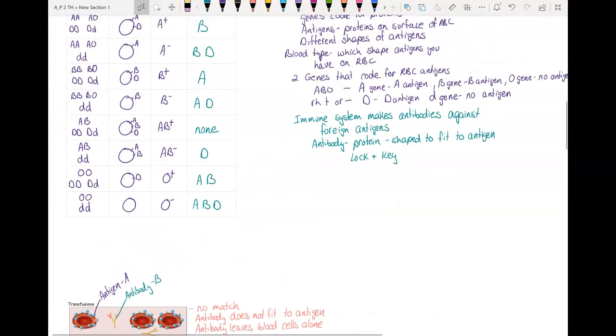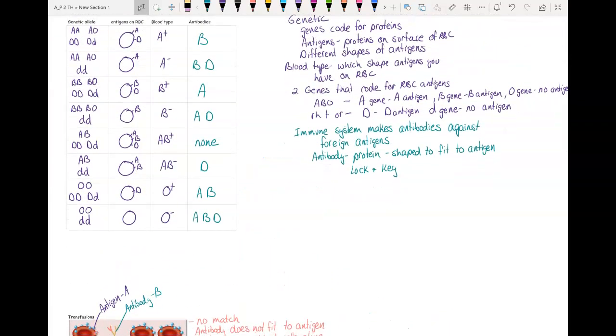So let's look at which things can be transfused. Let's say you have type A positive blood, and you need a transfusion. We want to know what kind of blood we can put into you. If you have A positive, that means that you have B antibodies.